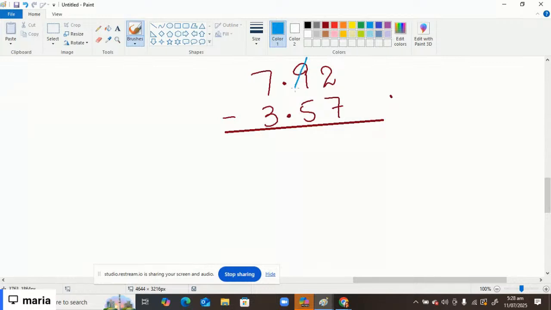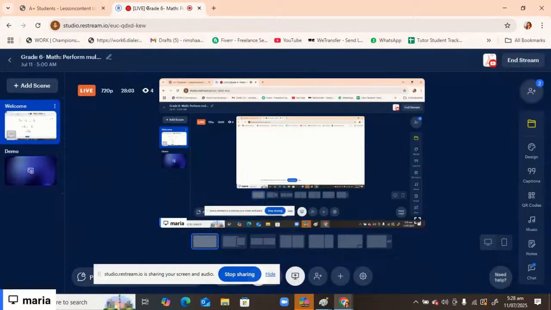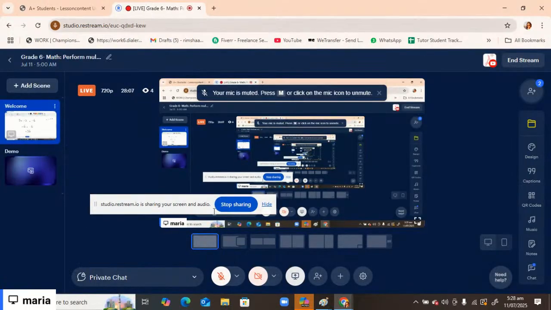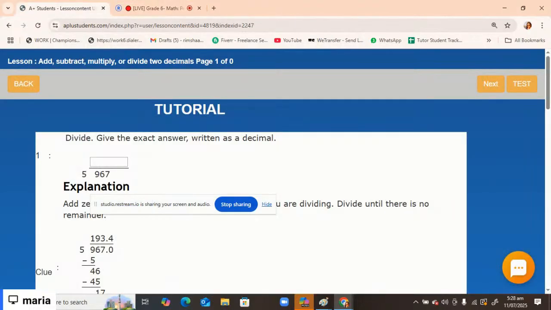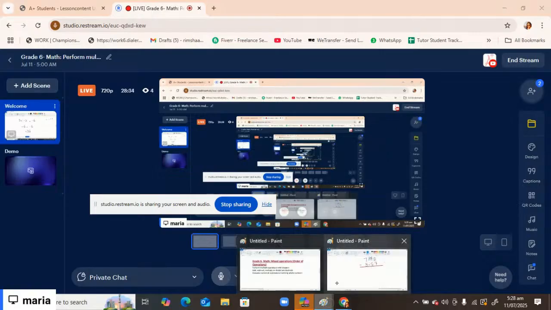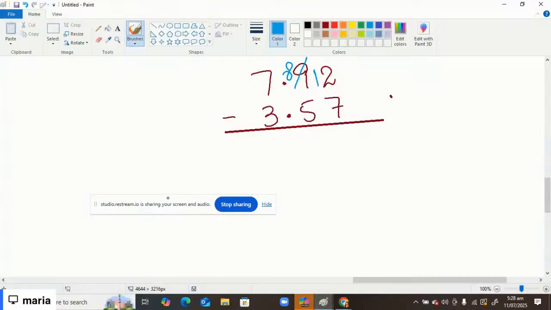We are taking a borrow from the 9. 9 becomes 8 and 2 becomes 12. So now 12 minus 7, what is the answer?